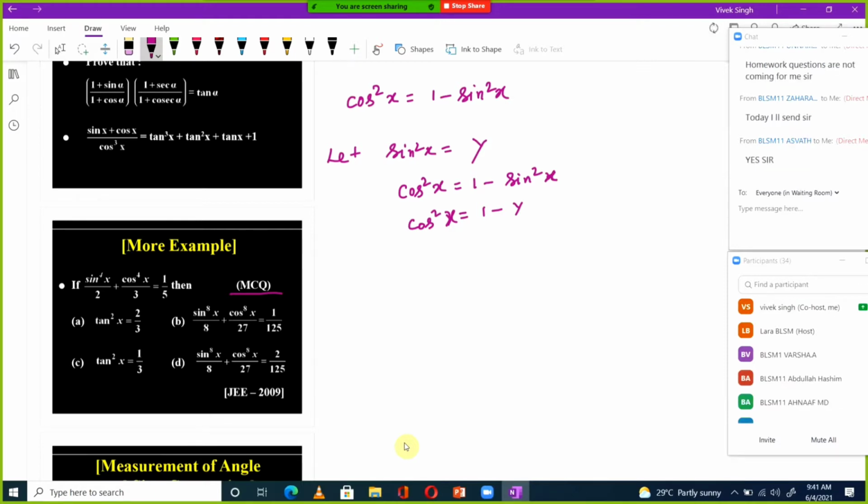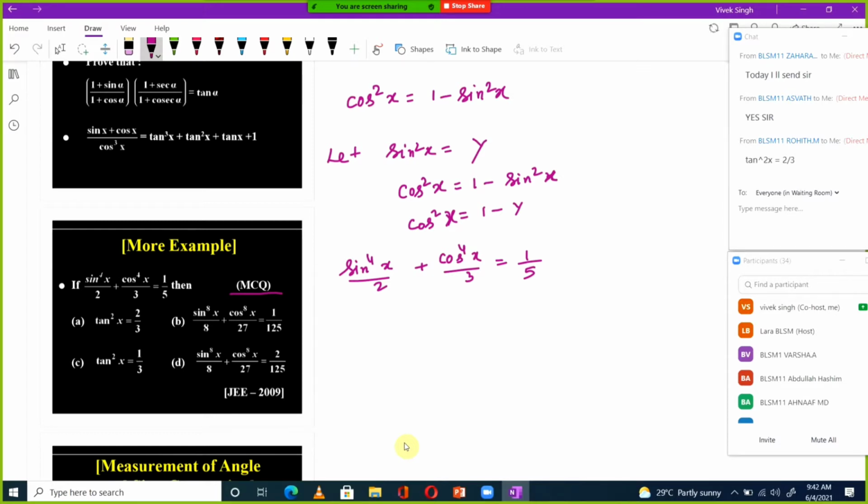That's all. So I will substitute what they have given. They have given sin to the power 4x divided by 2 plus cos to the power 4x divided by 3 equal to 1 by 5. Okay, Rohit, your answer is correct. Let me do.